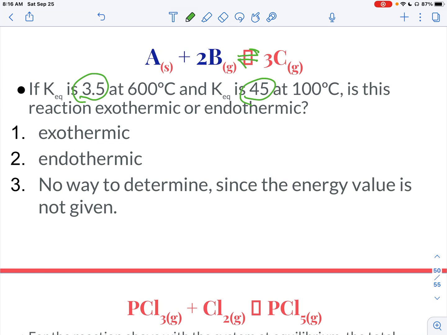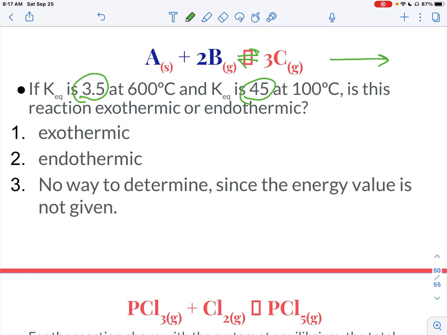So what that is telling us, if K goes up from 3.5 to 45, that means our reaction is shifting to the right. We are favoring the products more because remember, a higher K value means you favor the products.